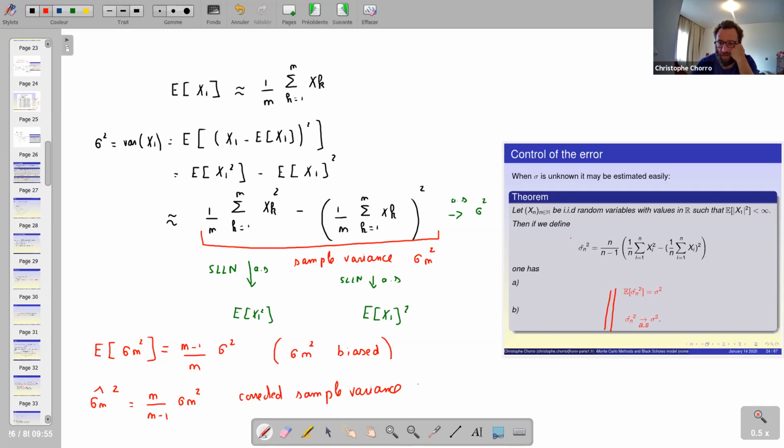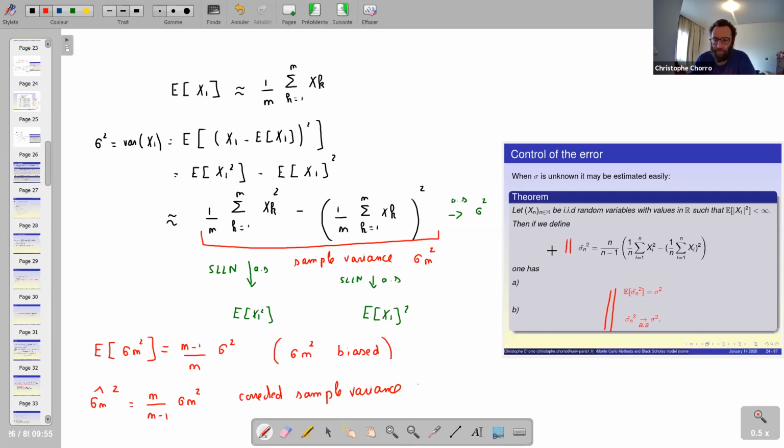So you have here the corrected sample variance, an estimator that converges almost surely towards sigma square and that is unbiased. And in general, in practice, it's the estimator that you will use if you want to approximate the variance of a sample.